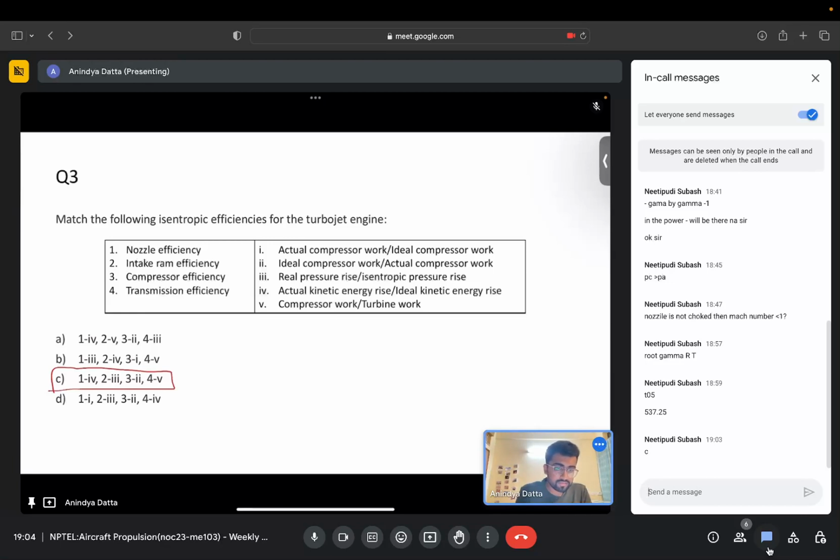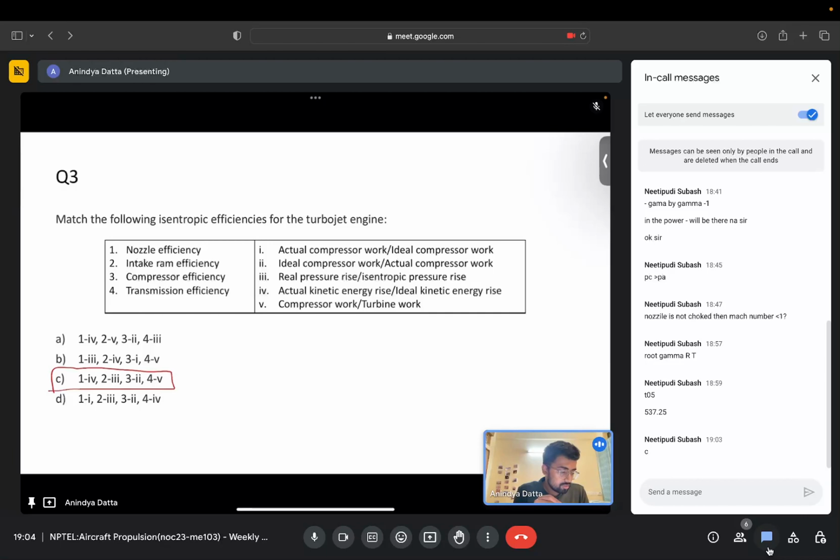In the problems we did, we considered the intake isentropic efficiency, but in a similar way we can define intake ram efficiency, and that is defined in terms of pressure differences.